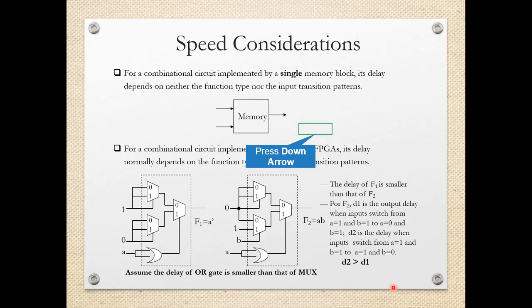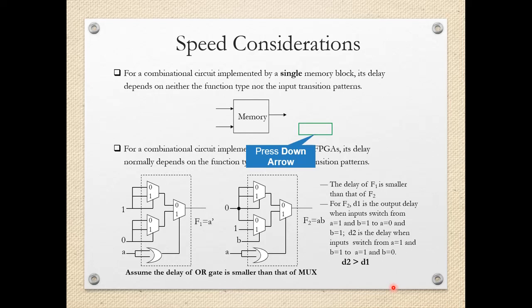But if we'll consider its implementation using multiplexer, then the different signals may travel different path and the delay may be different. Like here the two figures are shown in which the function F1 is implemented by using the first circuit. Second circuit implements F2.